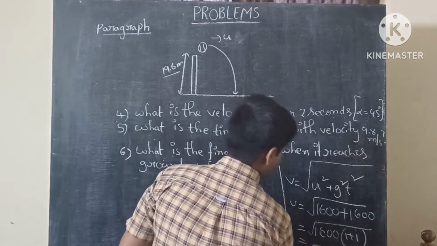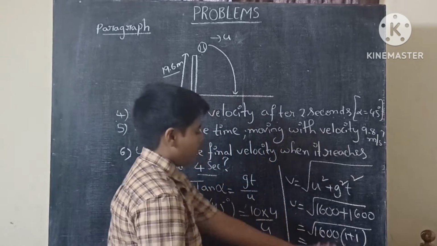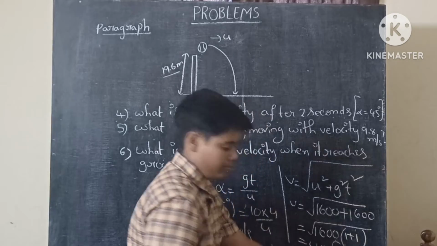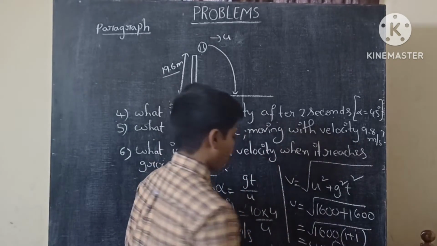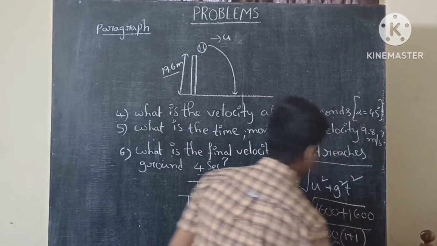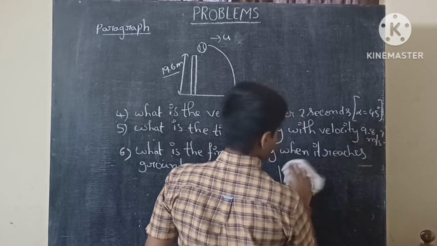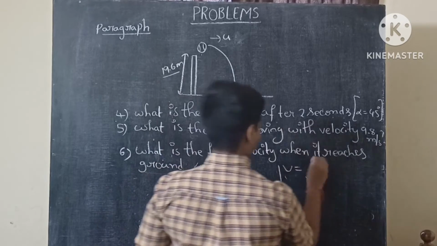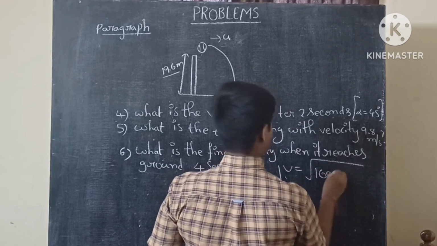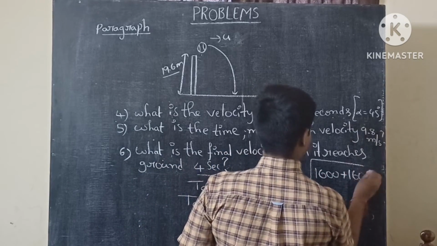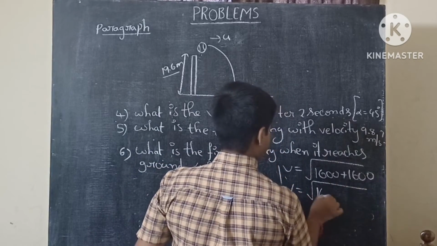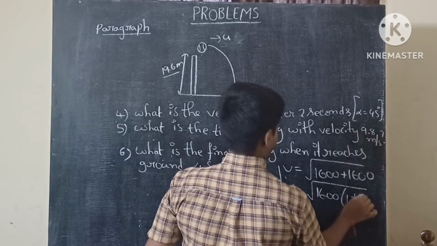So this 1600 is taken outside, and it becomes 40 root 2, since 1 plus 1 is 2. So v equals root over 1600 plus 1600, which means v equals root over 1600 times (1 plus 1).